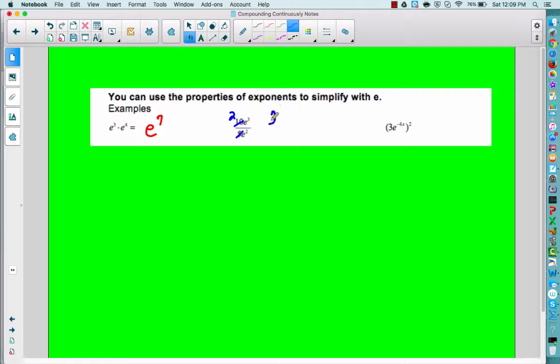So this would be 2 to the e, or 2e, sorry. And the last one, making sure that there's a 2 on the outside of the parentheses, so we want to square everything within. So 3 has to be squared, which is 9. And then negative 4x squared is e to the negative 8x.